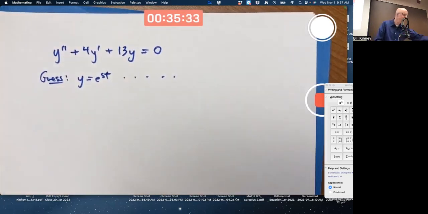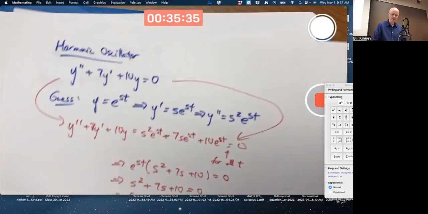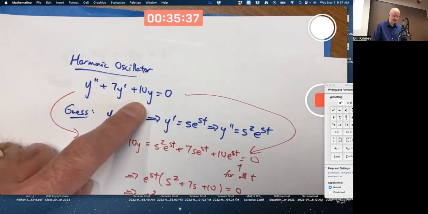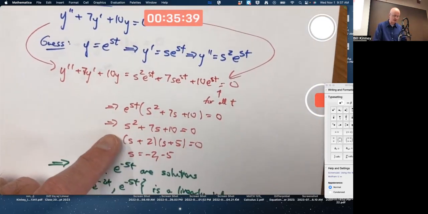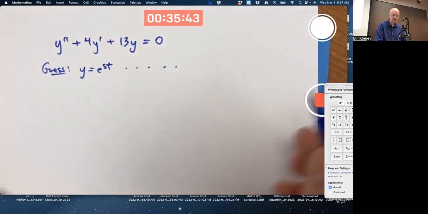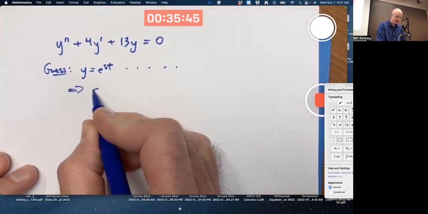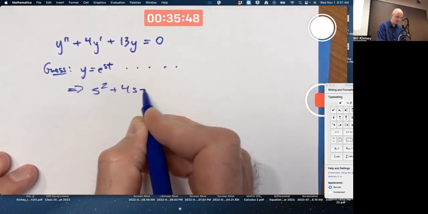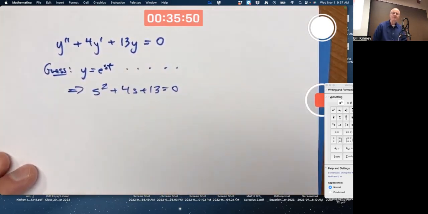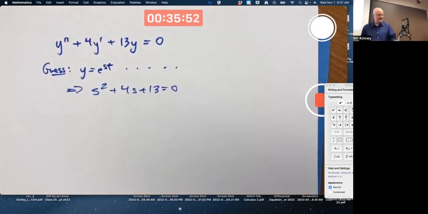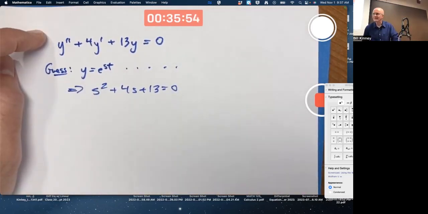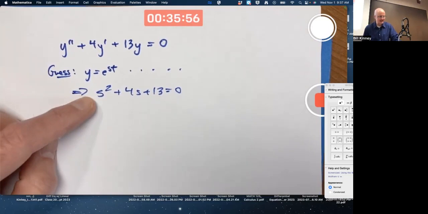I don't know if you noticed that. The coefficients of the other one, 1, 7, and 10, are the coefficients of the characteristic polynomial, 1, 7, and 10. No accident. You don't even have to bother with your derivatives. s squared plus 4s plus 13 equals 0. Yeah, that's a differential equation, and this is an algebra equation.